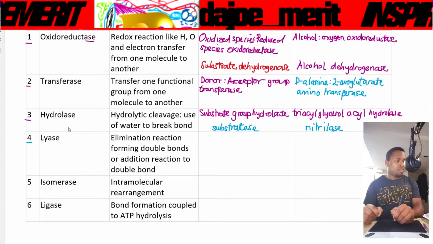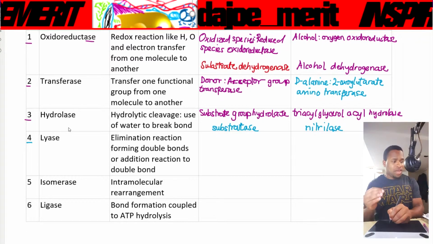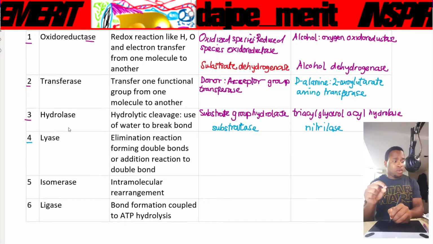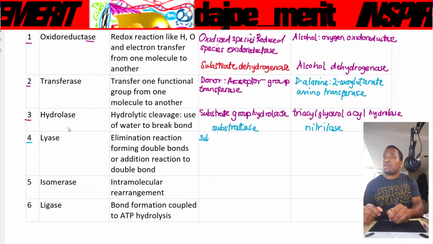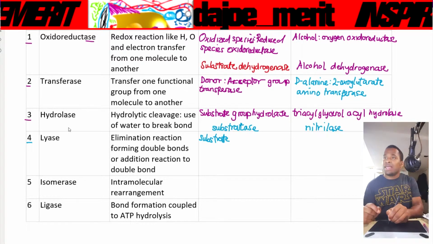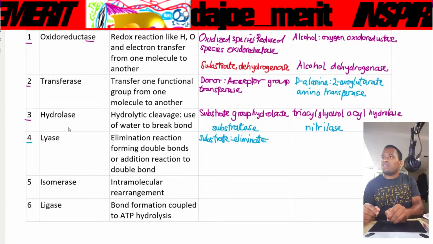So in this part, what we need to know is that for the systematic name, we actually go now with, let me try and get this right, we have the substrate with the eliminated group, and then you put Lyase. And so in this case, we have to put the substrate name first, followed by the eliminating, or I would say the eliminated group in this case.